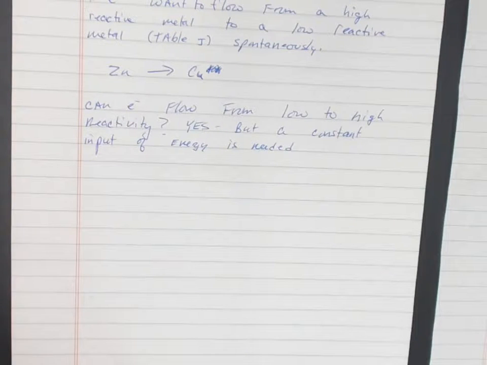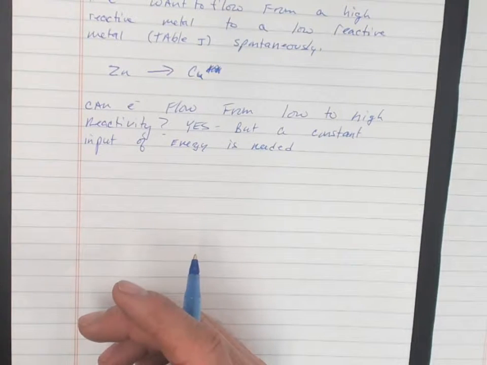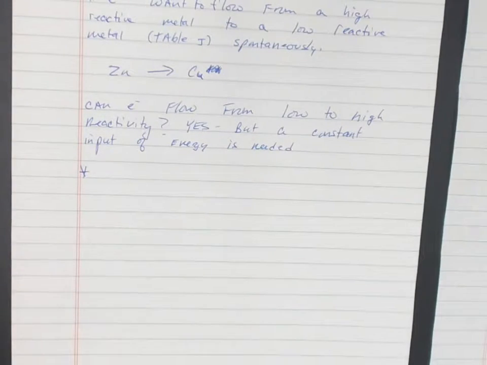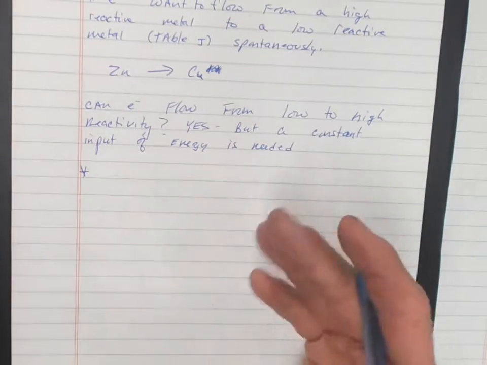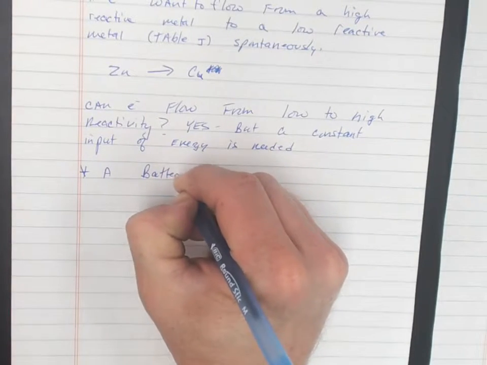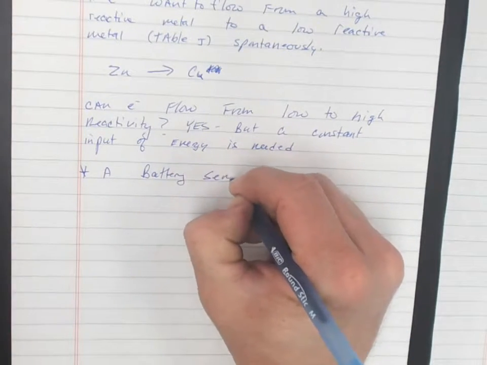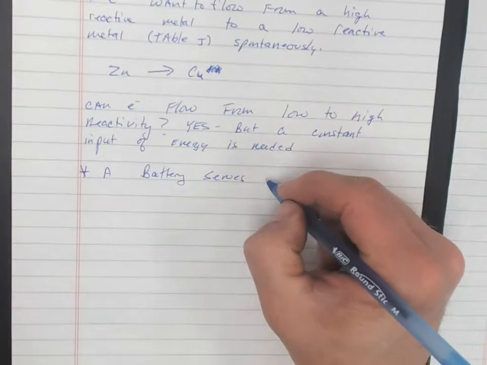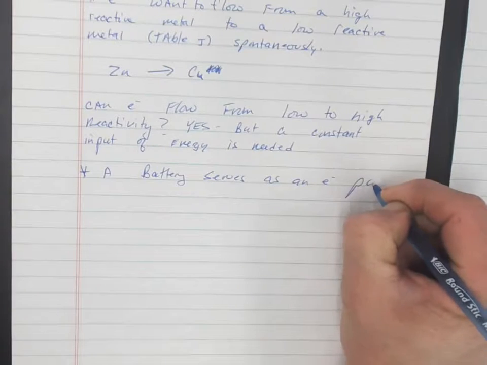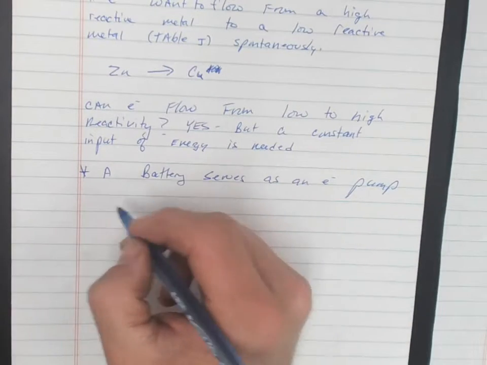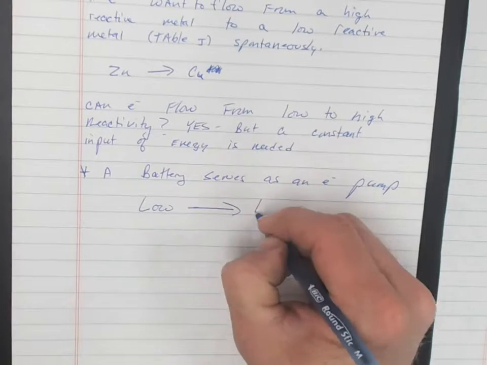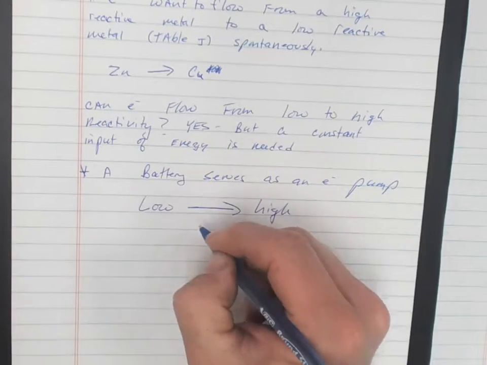So what we need to do here is provide that continuous input of electrical energy by using a battery. A battery you can think of as serving as an electron pump. What that means is it's going to force electrons to go from low to high.